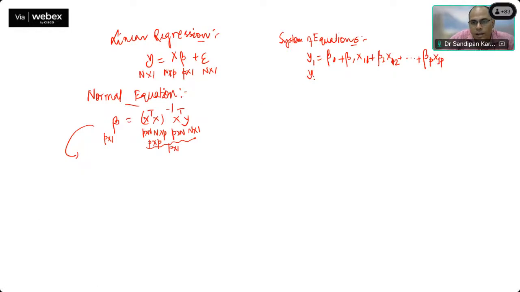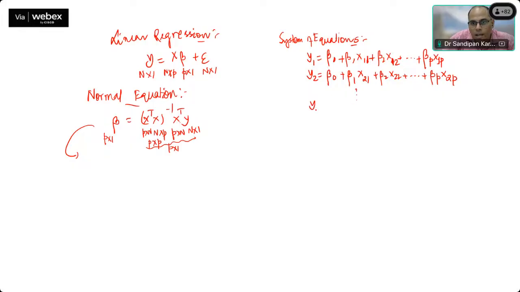The second one is y2 equals beta naught plus beta 1 x21 plus beta 2 x22, and so on up to beta p x2p. Like this it goes on.